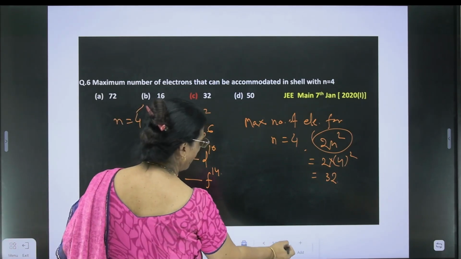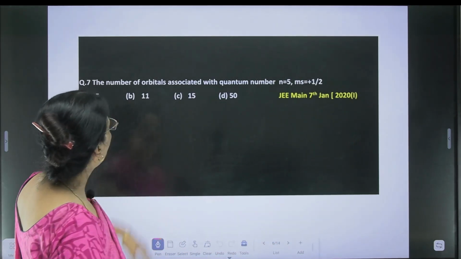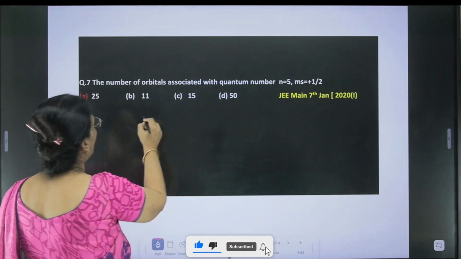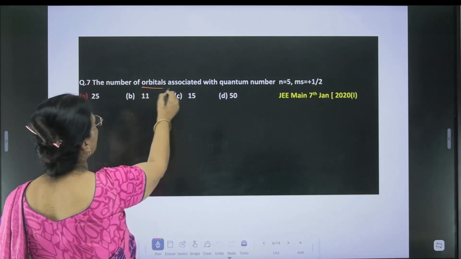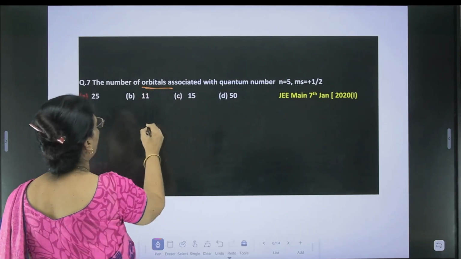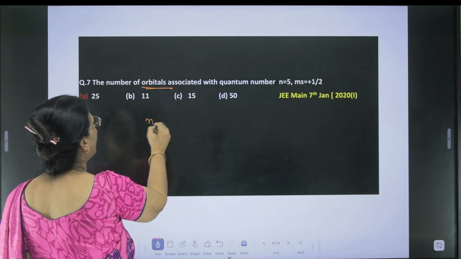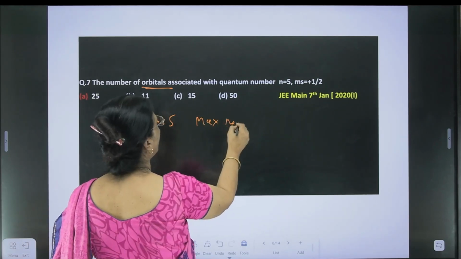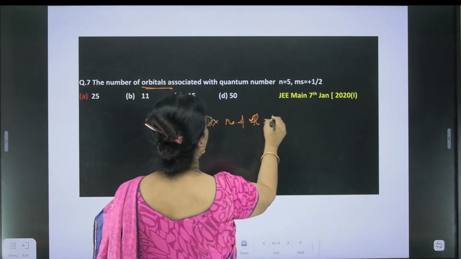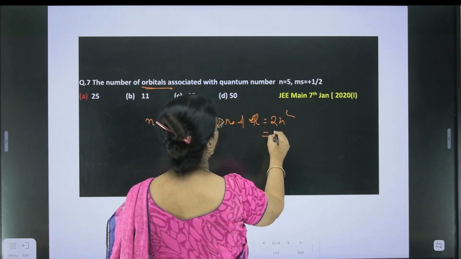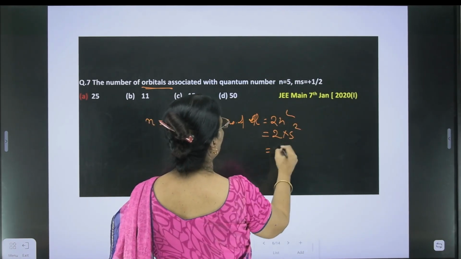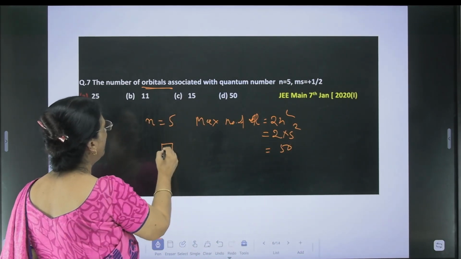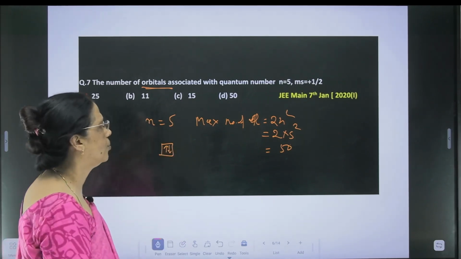Next, the number of orbitals associated with quantum numbers n is equal to 5, ms is equal to 2. Now we have seen that n is equal to 5 means maximum number of electrons is equal to 2n square, that is 2 into 5 square, that is equal to 50. Now you know one orbital has the maximum capacity to accommodate 2 electrons.